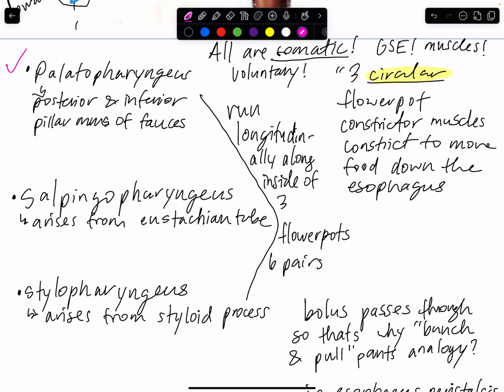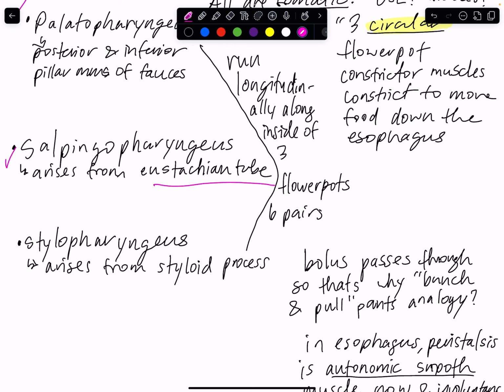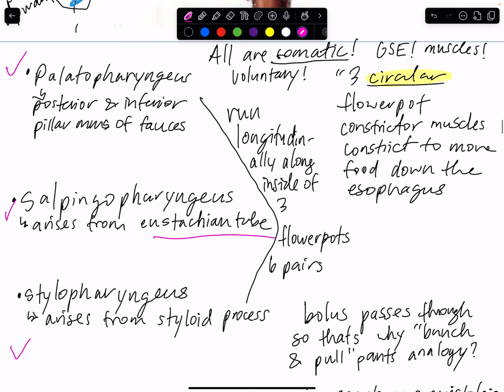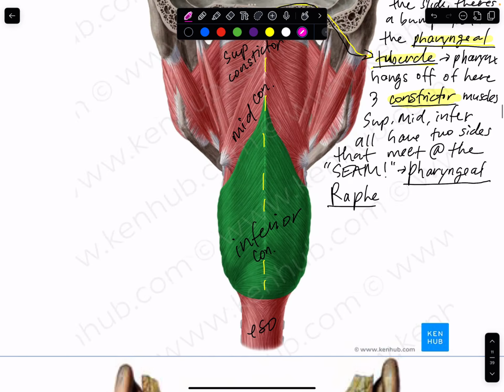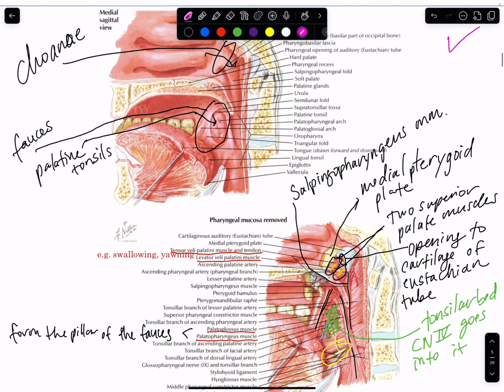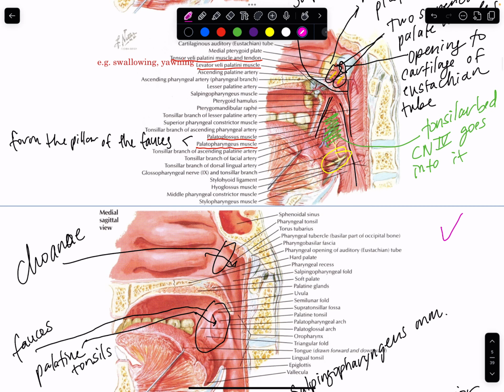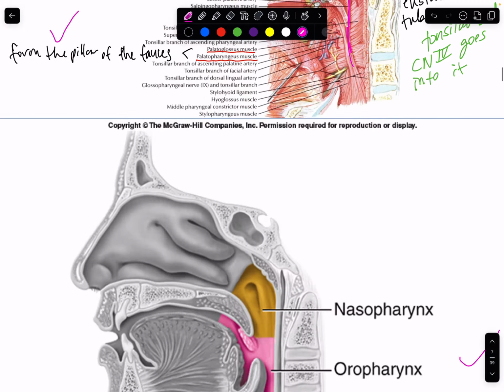Here again is a little breakdown. So we're going to find our palatopharyngeus, salpingopharyngeus from the ear, and stylopharyngeus. Palatopharyngeus will already be found when we're doing the side because we're doing palatopharyngeus and our other muscle, palatoglossal.